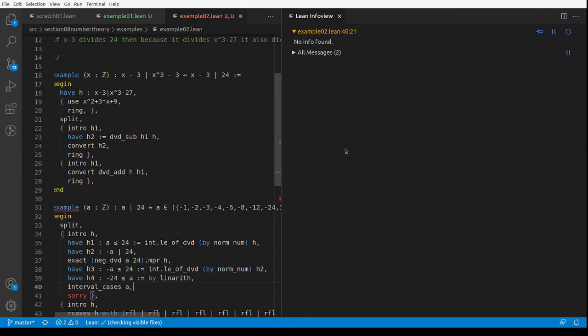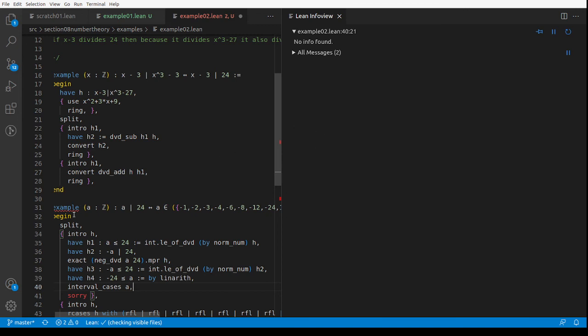For some of them, a is in the set, and that's the goal, and so we could just do it because a will be a number. But for the other ones, our goal will become false, right? The goal will be something like 15 is in the set, and the set doesn't contain 15. But we'll have a hypothesis that 15 divides 24, and that will be false as well, and norm_num will be able to do that for us.